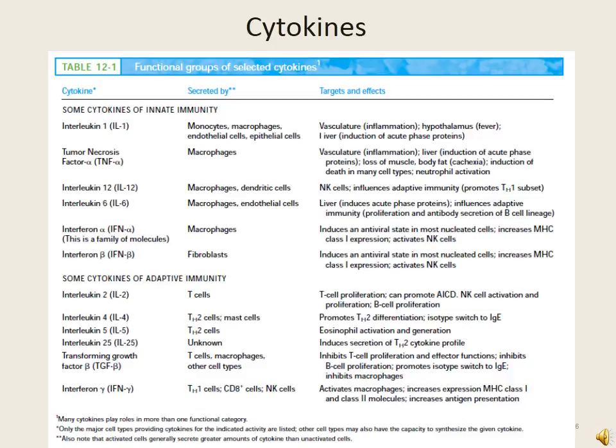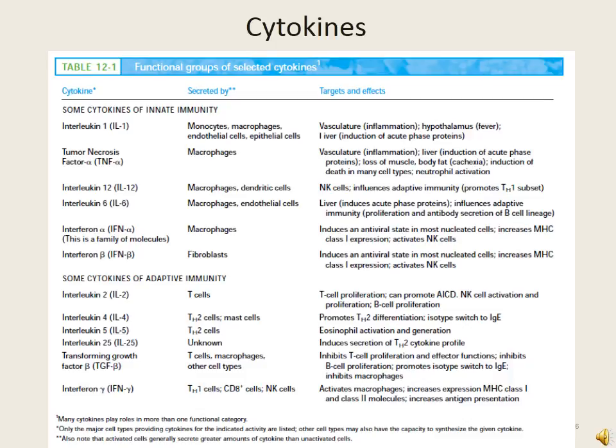And the lower part of the table is the cytokines of the adaptive immunity, which I think you will think of as the Th1 signature cytokines and Th2 signature cytokines, okay? For the Th1, I think all of us will think about interleukin 2 and interferon gamma.